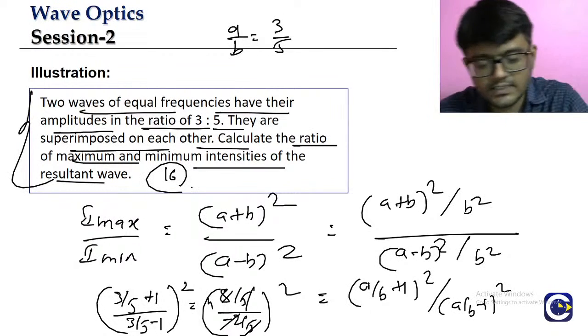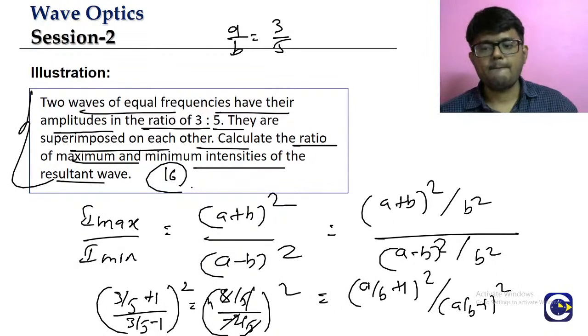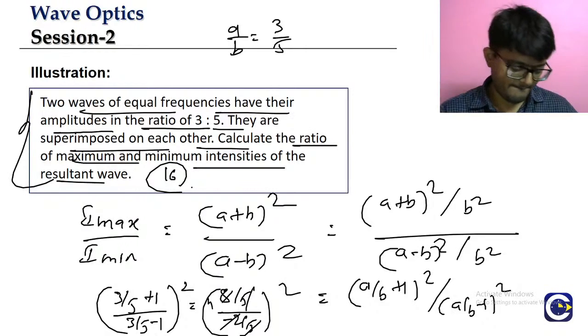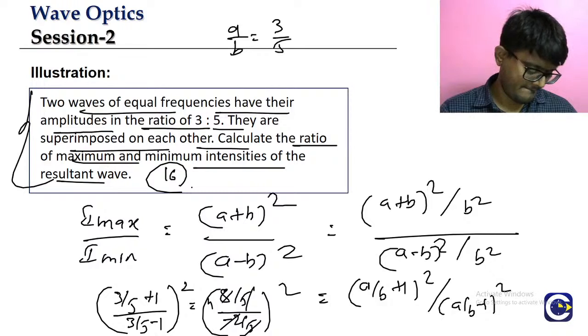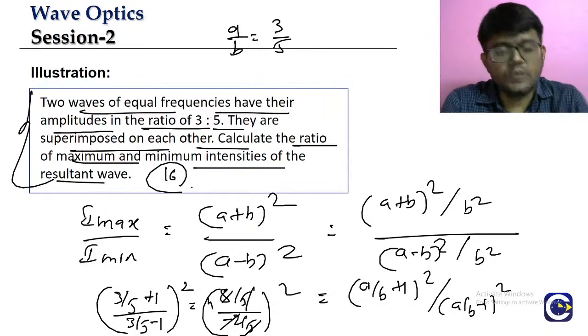There is a minus, but we are squaring it, right? So what is the ratio, guys? It will be what? 16:1.